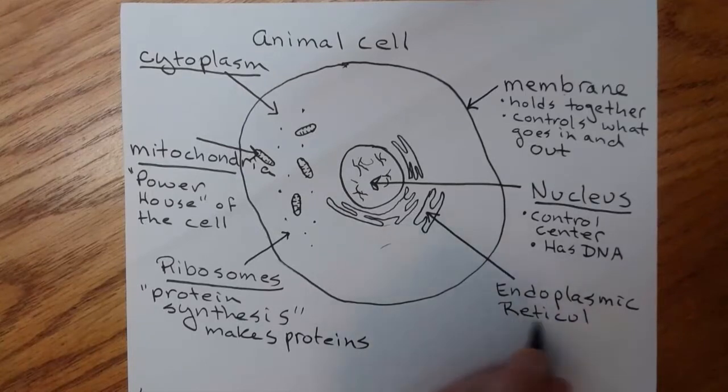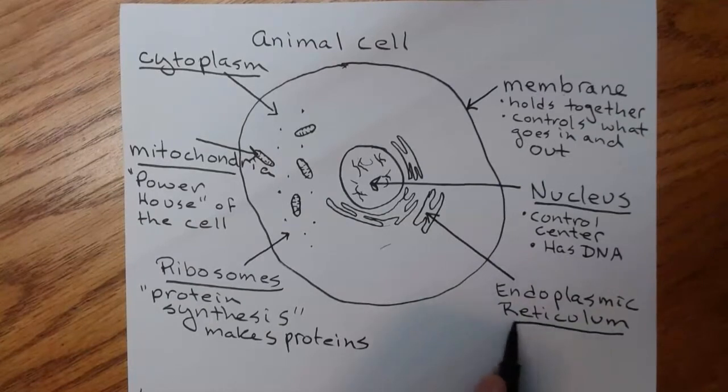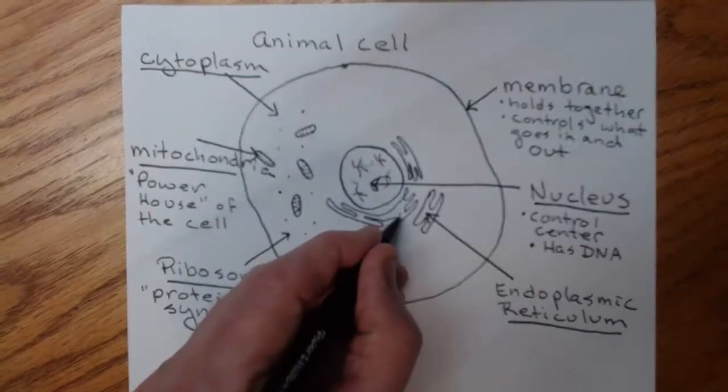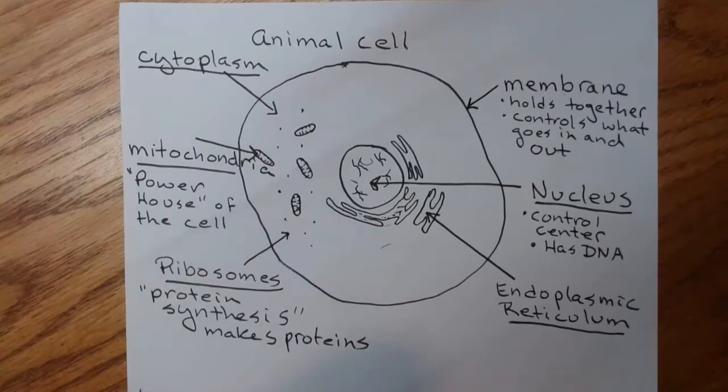Reticulum. That's a U there, by the way. Endoplasmic reticulum. And you've got the rough ER that has the ribosomes on it, and then the smooth ER that doesn't, okay?